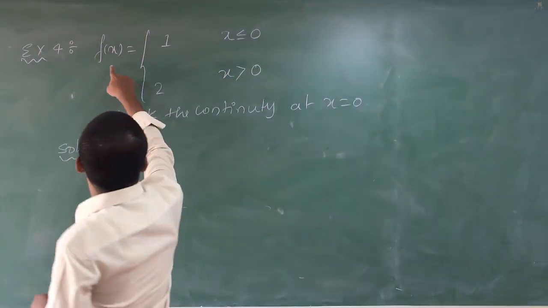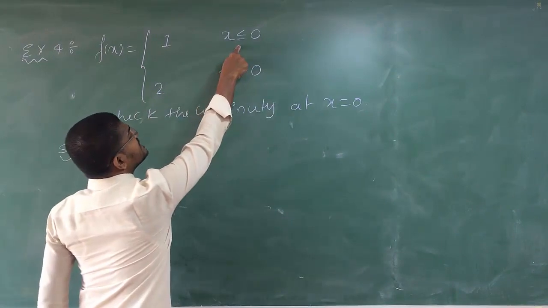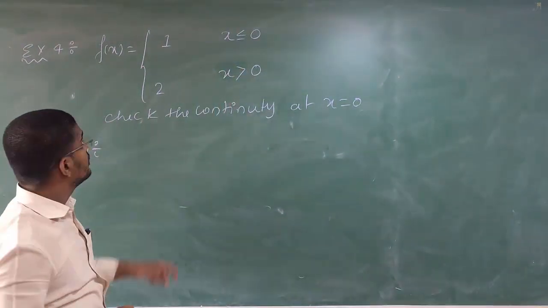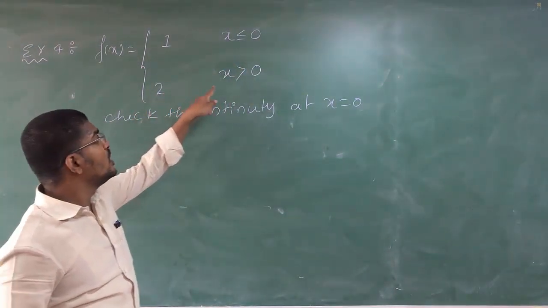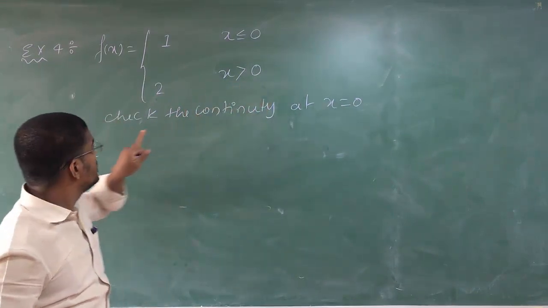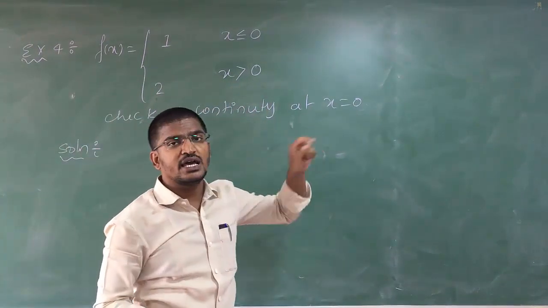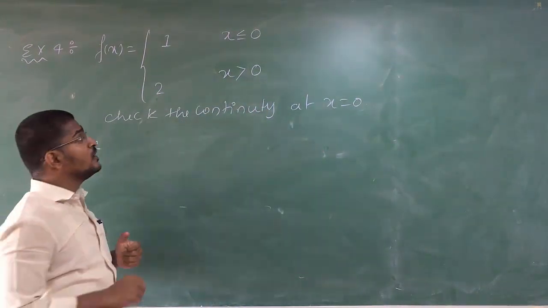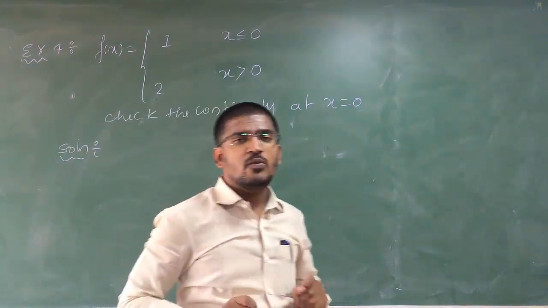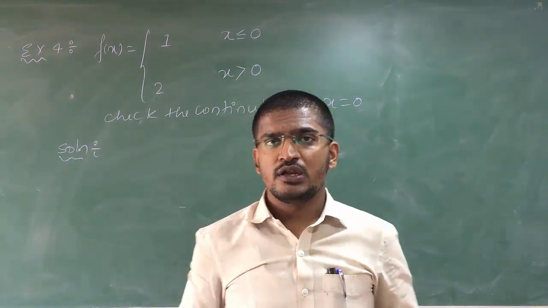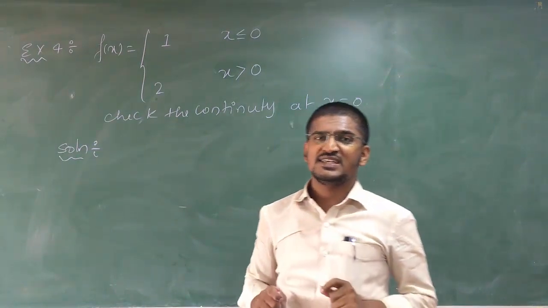Here f of x equal to 1 whenever x is lesser than or equal to 0, and it is 2 whenever x is greater than 0, and they are asking to check the continuity at x equal to 0. Problem number 3 and problem number 4 are very important for your exam.